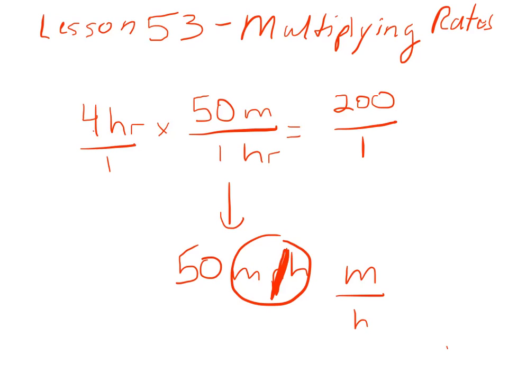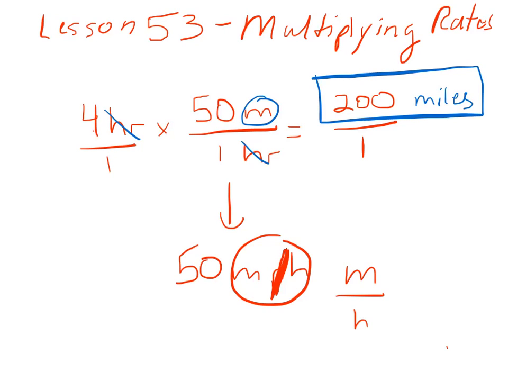And so what we want to do there is cancel those out, hours and hours, and that leaves us with miles. And so that will be our answer. In 4 hours, we go 200 miles. There's no label down over here that's not important, and we can eliminate the 1. So we say our answer here would be 200 miles.